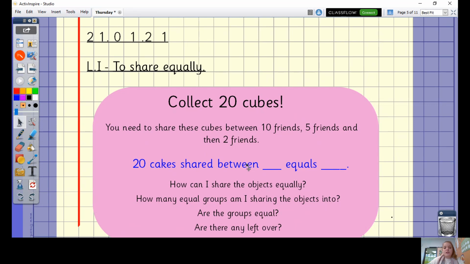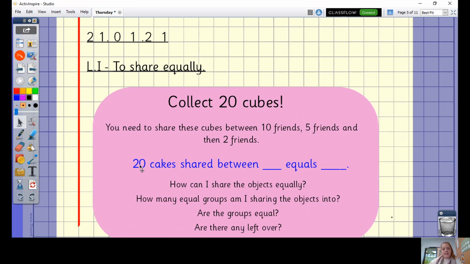So first of all, I want you to share these objects or these cubes between 10 friends. Now, you probably don't have 10 people in your home at the moment, so you may want to draw 10 circles or get out 10 plates or 10 bowls. And you're going to do just like we've done with the cakes, share those 20 cubes out into those 10 bowls or those 10 groups.